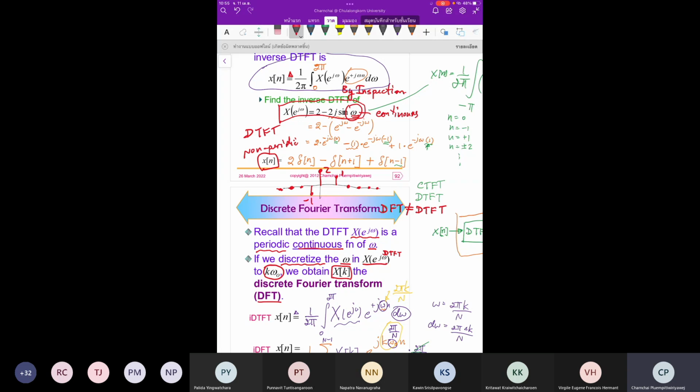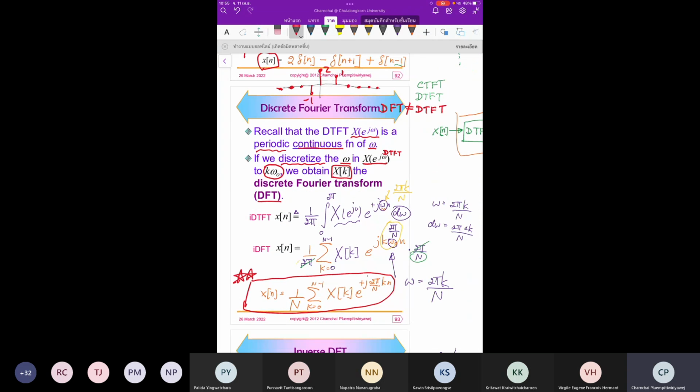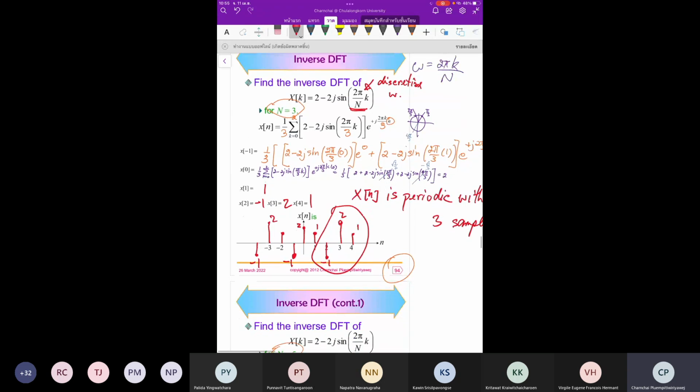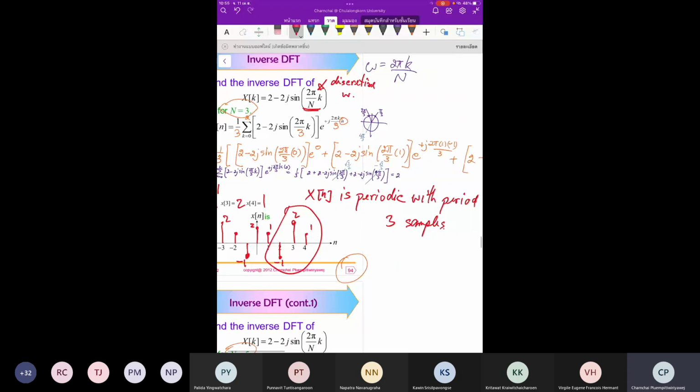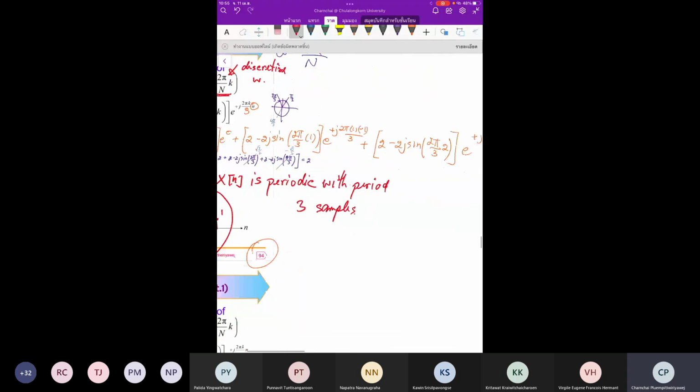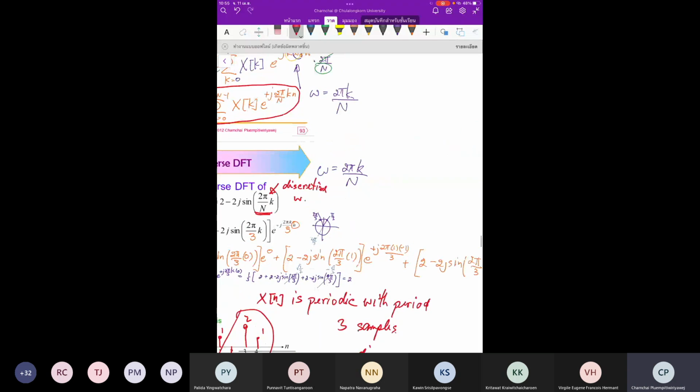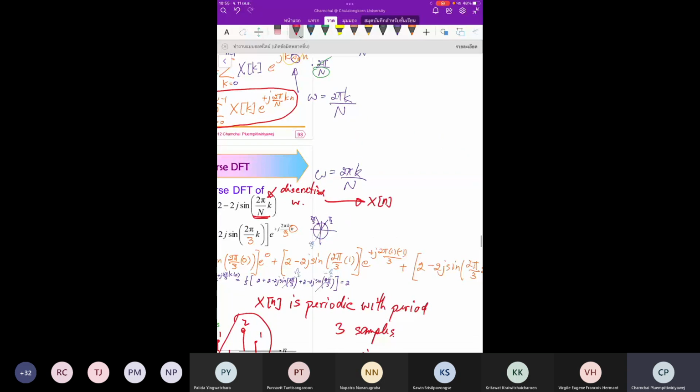However, once we discretize omega and we get DFT, what happens in the time domain is that it becomes periodic. So when we discretize omega, xn becomes periodic.